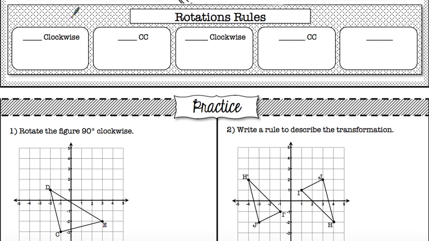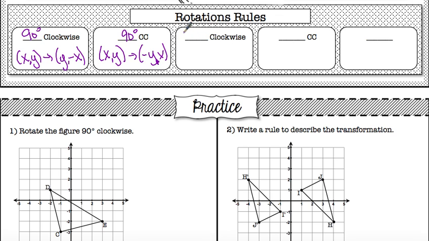Okay, if you want to go 90 degrees clockwise, this is the rule, y, negative x. If you want to rotate 90 degrees counterclockwise, the rule is negative y, x, negative y comma x.